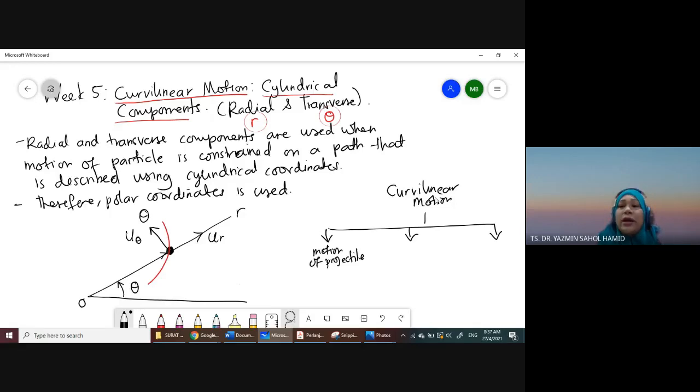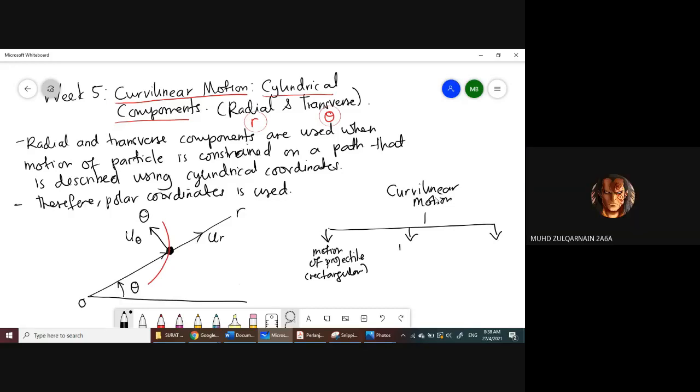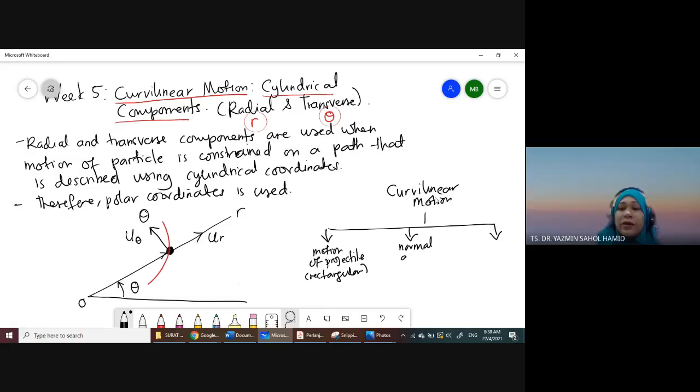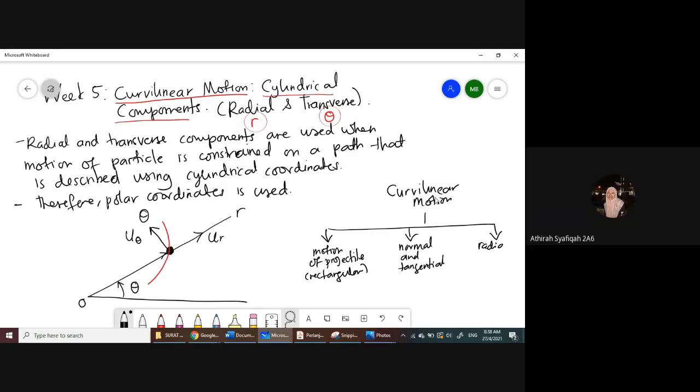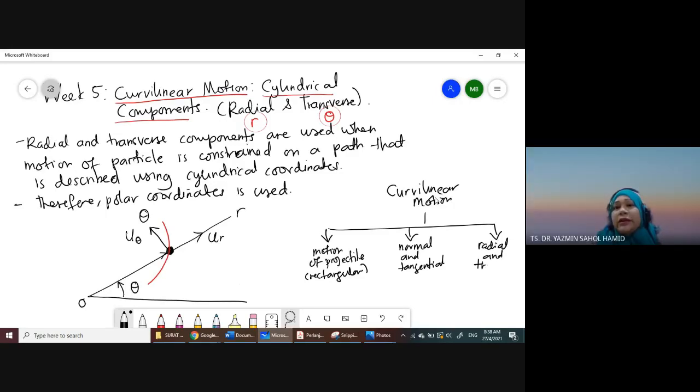Now there are two other methods for curvilinear motion, which are the non-rectangular components. So what did we learn yesterday? Normal and tangential. Okay, and then we have another one that we're going to learn today, which is radial and transverse.